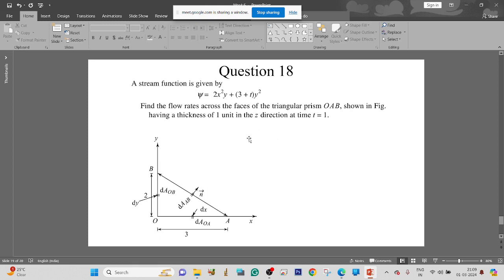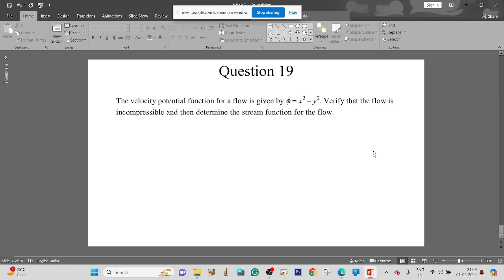Okay. The last question for today is this one. This is for the velocity potential, because we have not solved any question on that, so we will solve one question on this. You remember the velocity potential, right? Yes, ma'am. Okay, solve this then. First, we need to verify whether the flow is incompressible and then determine the stream function for the flow.